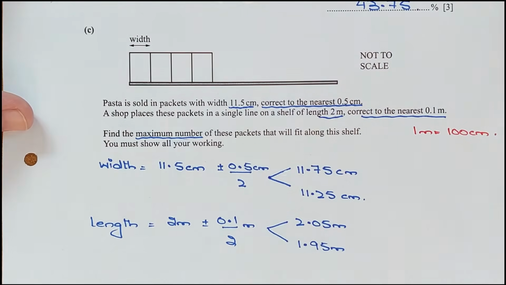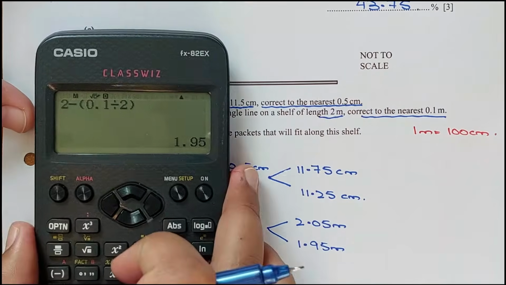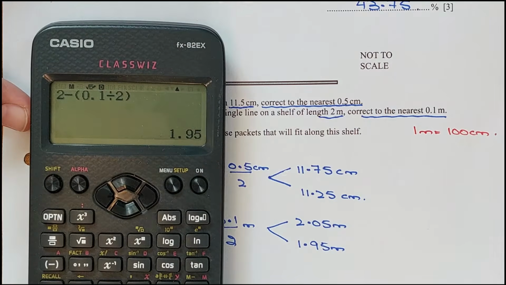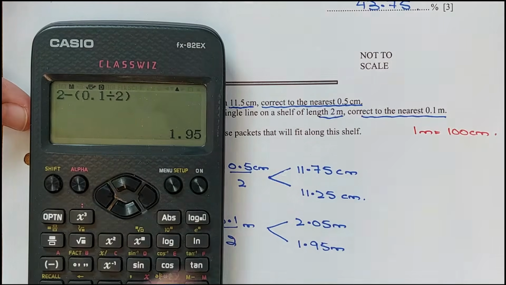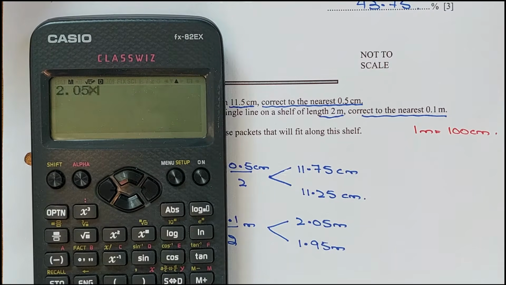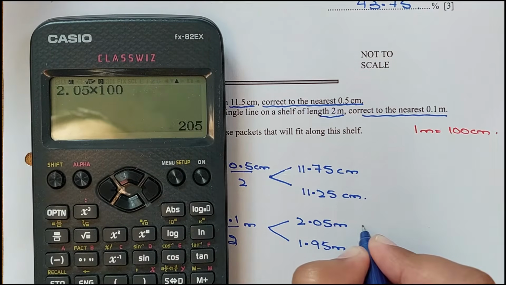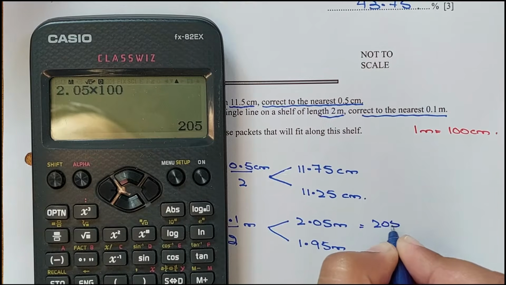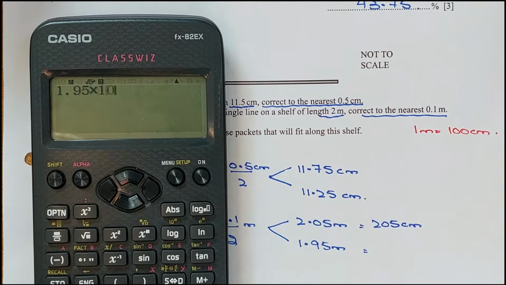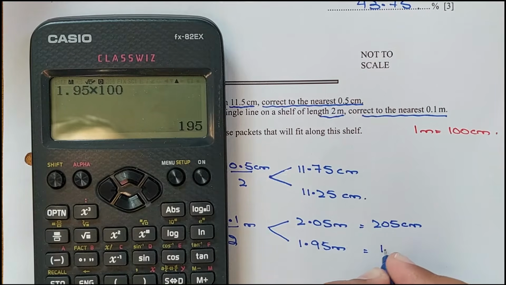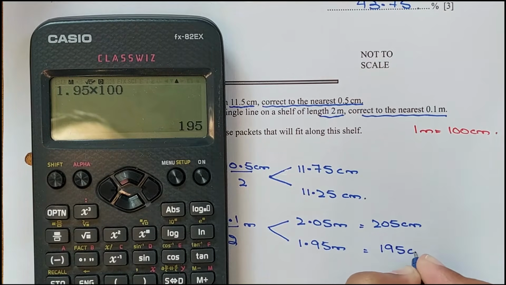So 2.05 times 100 is 205 centimeters, and 1.95 times 100 is 195 centimeters.